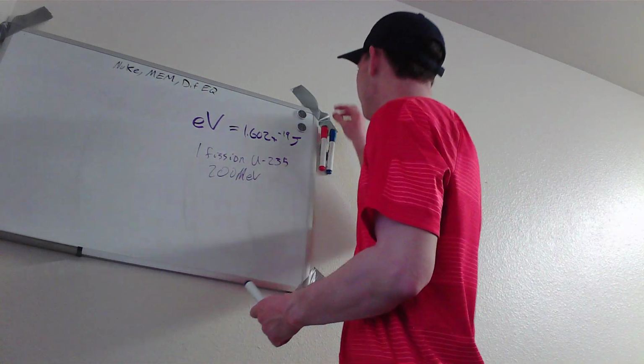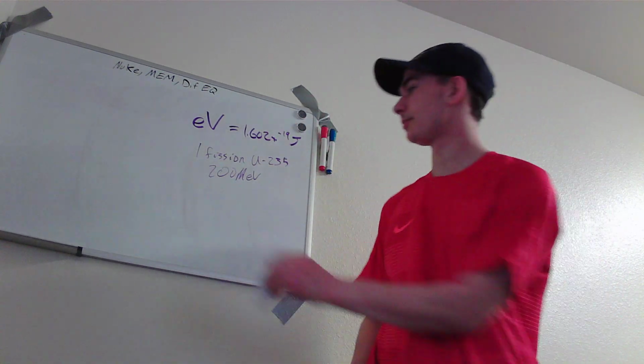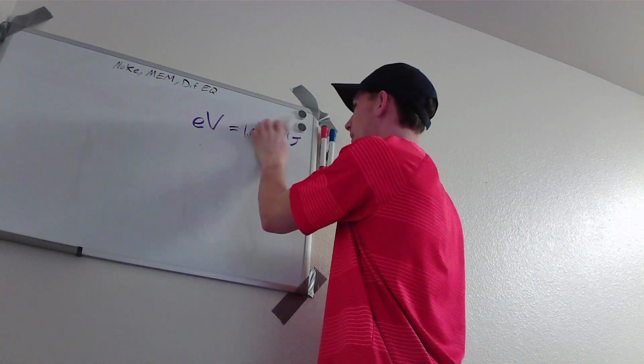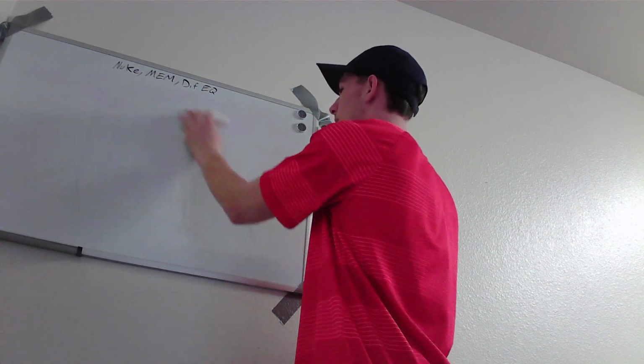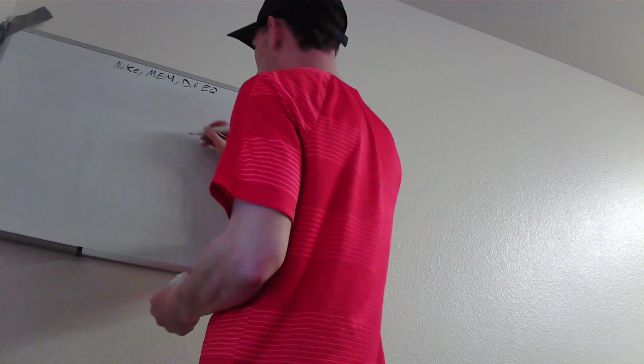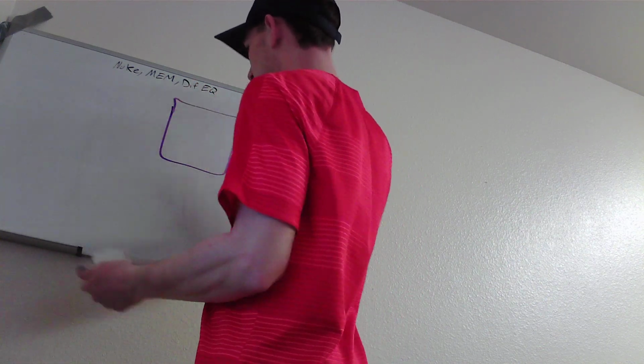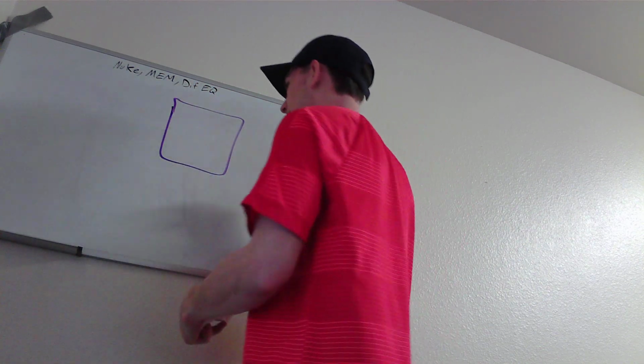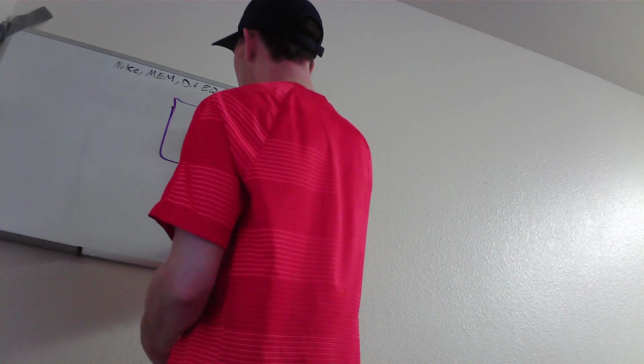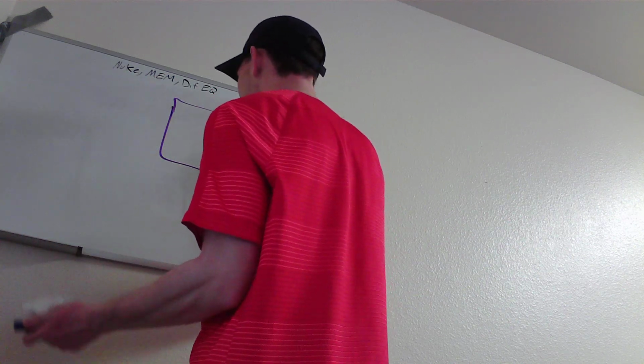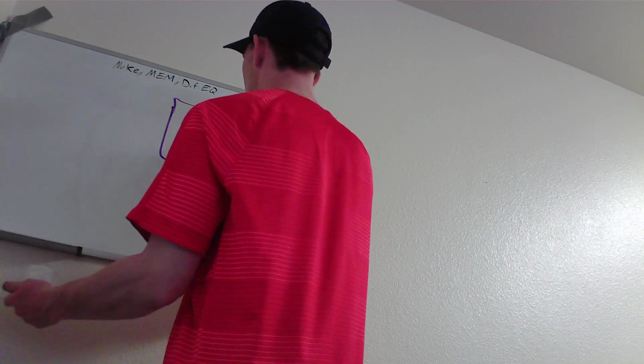So we have an atom. I was hoping that would work so I wouldn't have to draw this, but whatever. You're looking at the periodic table of elements. It's got the element name, so we'll just say we've got some sodium, because sodium's cool.